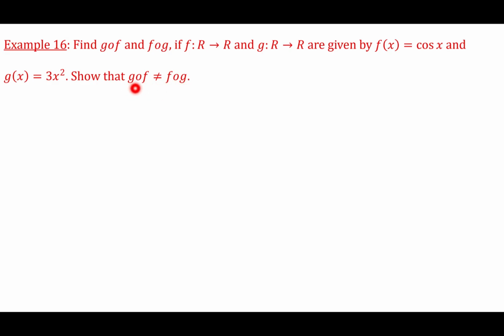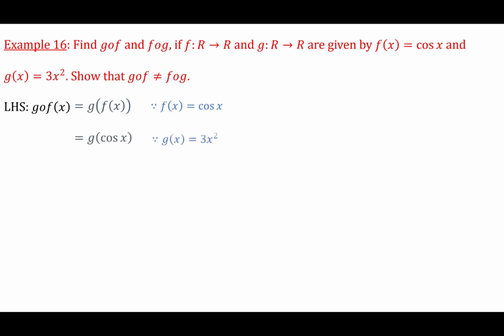So let us first of all find left hand side, LHS, g circle f of x. G circle f of x is equal g of f of x, like this. And in the question, f of x is given, which is cos x. So in place of f of x, I'm writing cos x, which means g of cos x.